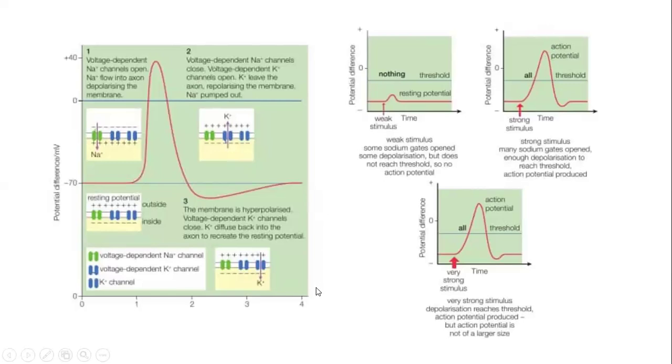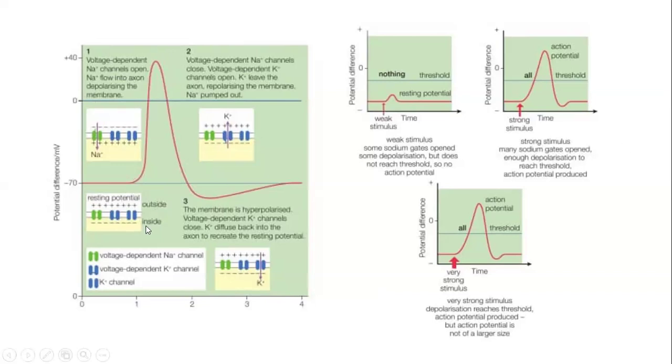That is because of the all or nothing law, the all or nothing principle. It always remains at that position. So you have to remember, a very strong stimulus is not going to increase the size, that means the amplitude, of the action potential. Understood? Yes, sir. Right.